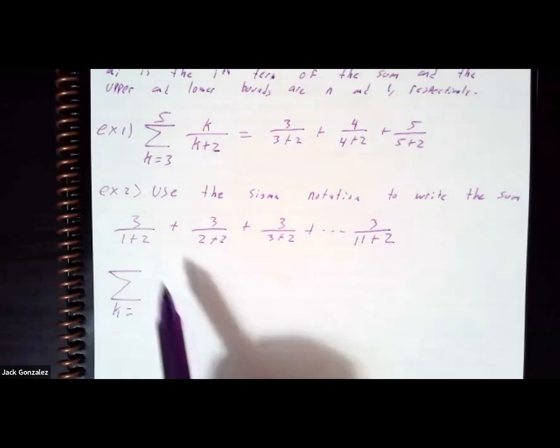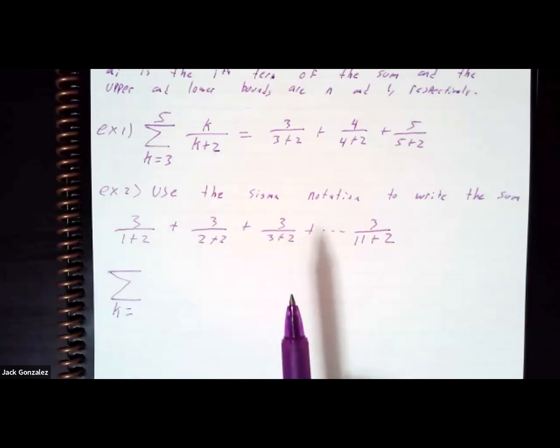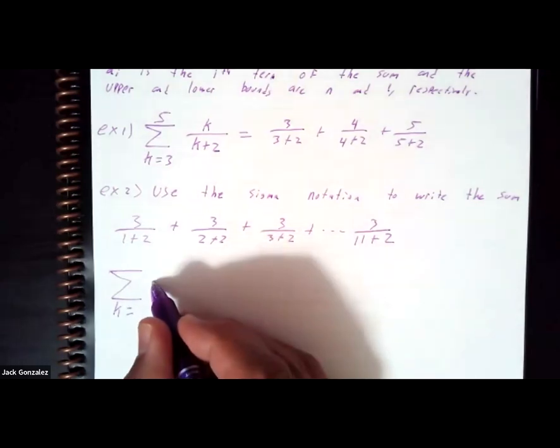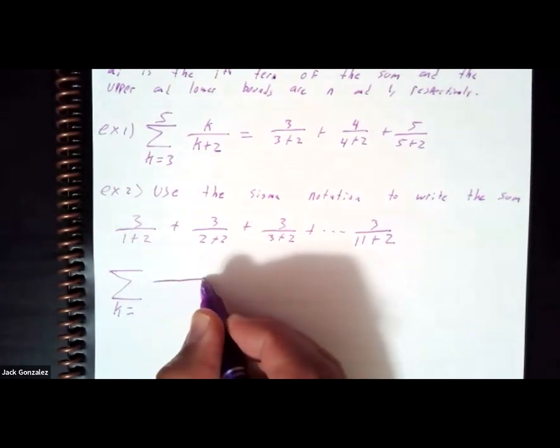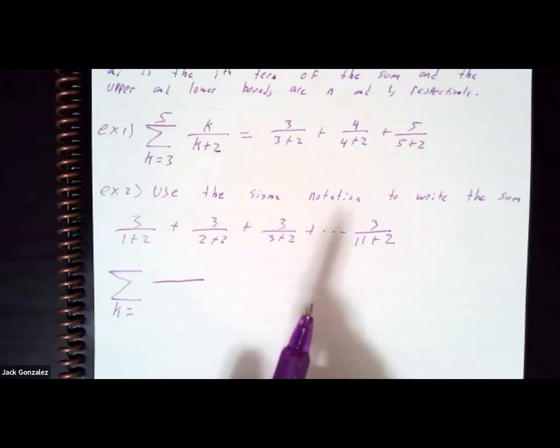So what do you see changing? And what do you see that's fixed? Yeah, the first number 1, then 2, and then 3. And then the fixed number is just that plus 2. So this is the variable part, right? So what is the first number though?